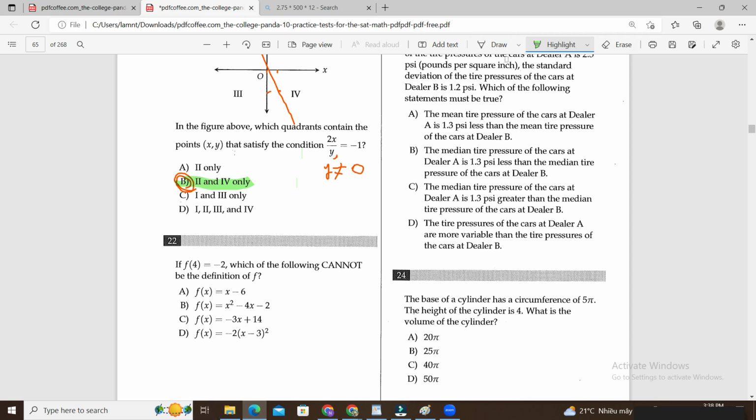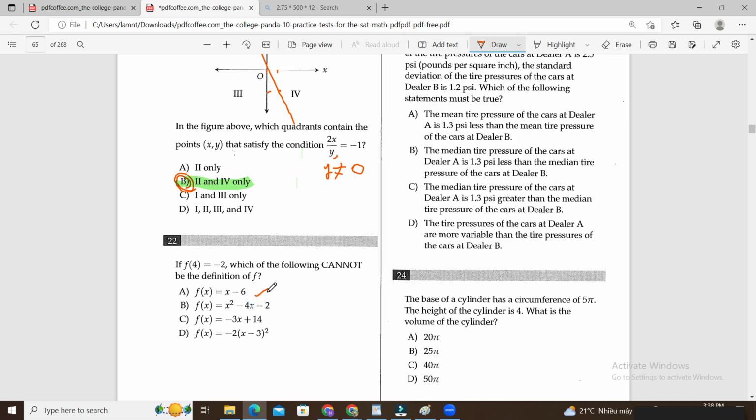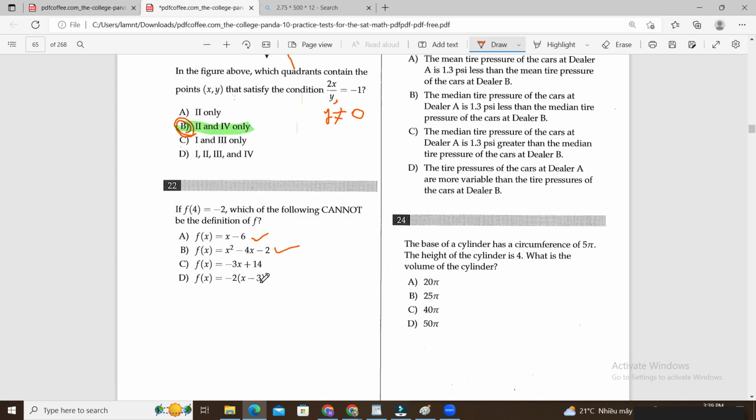For A, when you put 4 in, f(4) equals -2, so that's right. For B, 4 squared is 16 minus 4 times 4 is 16, so it's 0, and 0 minus 2 is -2, so that checks. For D, 4 minus 3 is 1, 1 squared is 1, minus 2 times 1 is -2, so this checks.